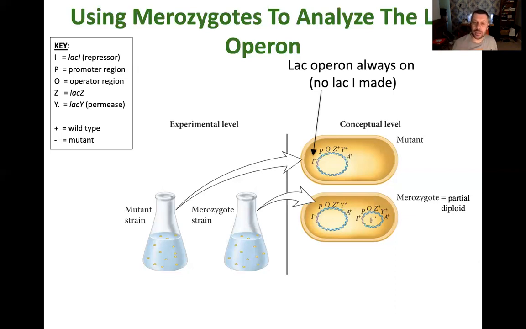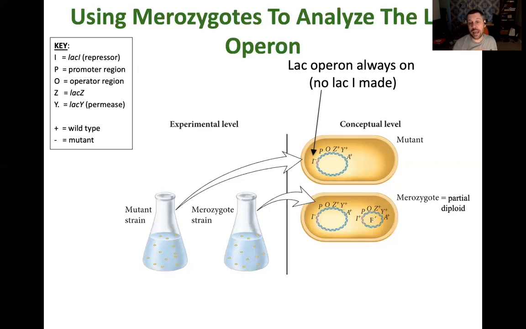But basically what they did was they took a smaller piece of DNA, and by effectively combining these two strains together, they made something that they called a merozygote. Now, that is just a partial diploid. So normally these are haploid cells. What you've done here is you've introduced a few genes, of which there are now two copies. And they know the identity of which genes were mutated on the F prime plasmid.